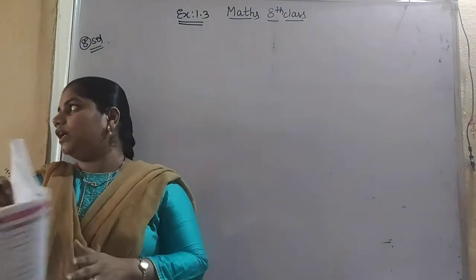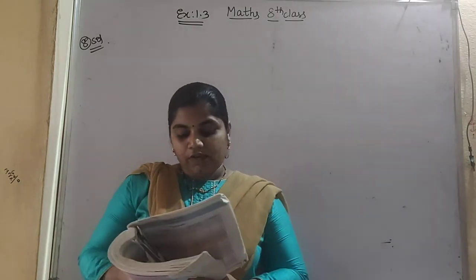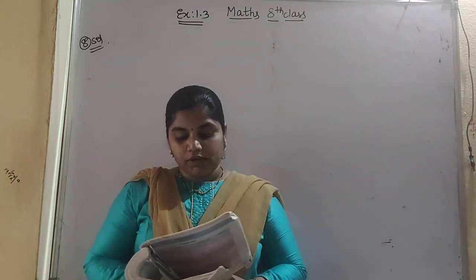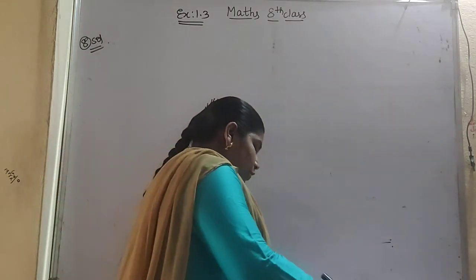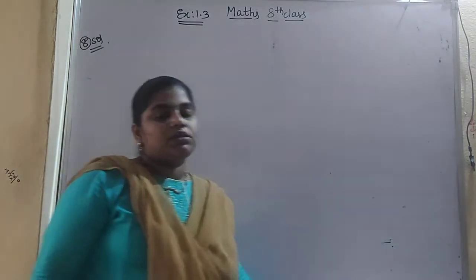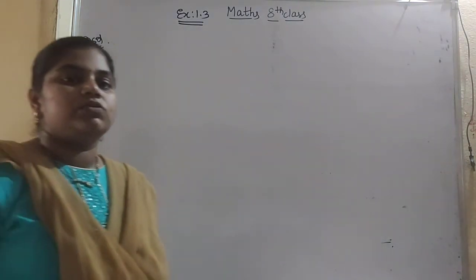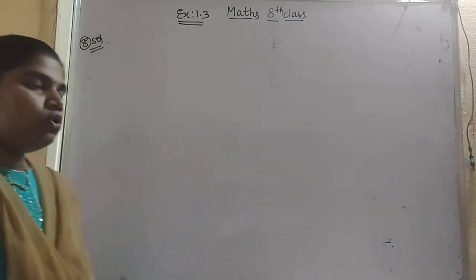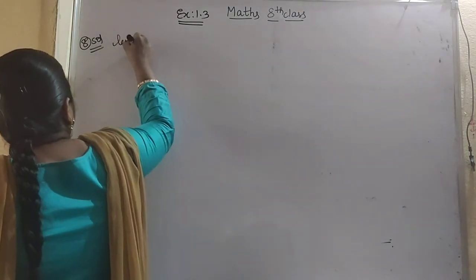So we have to find the area of a rectangular park which is 18 3/5 meters long and 8 2/3 meters broad. The length is 18 3/5 meters and the breadth is 8 2/3 meters. We have to find the area of a rectangle. The area of a rectangle formula is length into breadth.